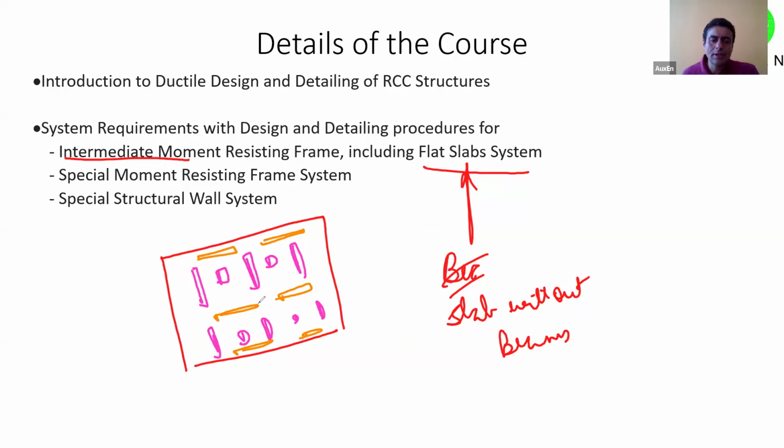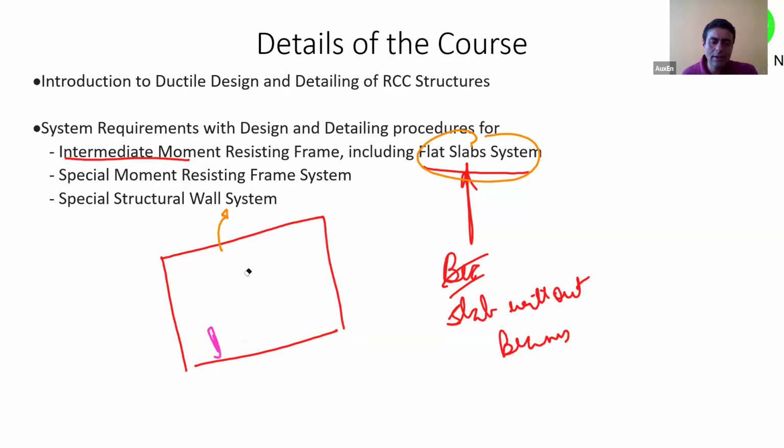So as per the Indian standard, the requirement is that if you are having a flat slab system, it has to have RCC structural walls to take the EQ load, earthquake load. But in the American standards, there is this intermediate moment resisting frame. That has a ductility level which is in between the ordinary and the special moment frame. In that intermediate moment frame, there is a system called slab without beams. So what is slab without beams?